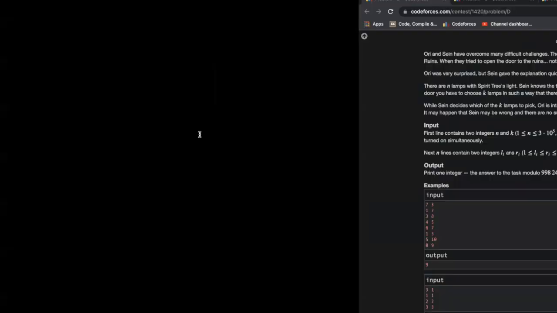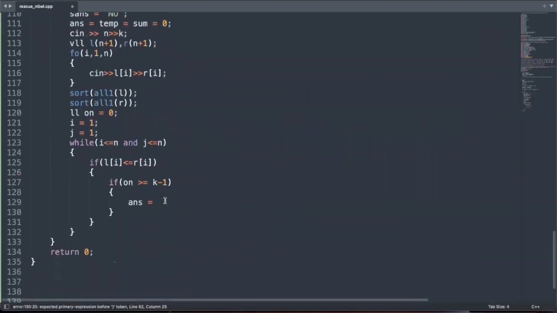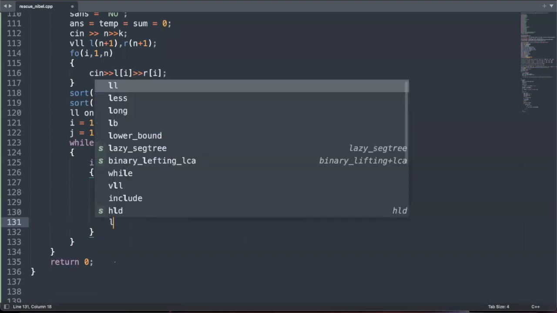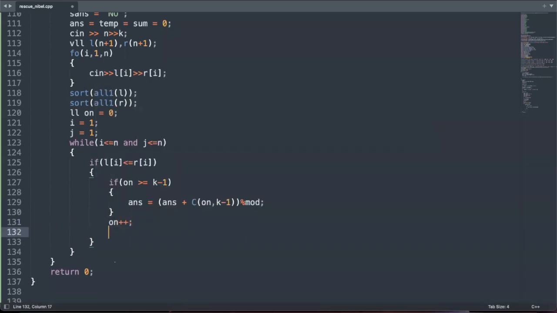So we will add this expression: the number of lamps which are on, C k minus 1, to our answer. And then we have to do lamps plus plus and i plus plus.